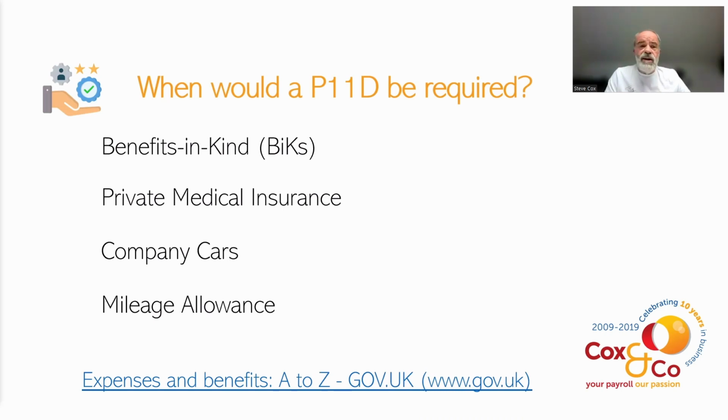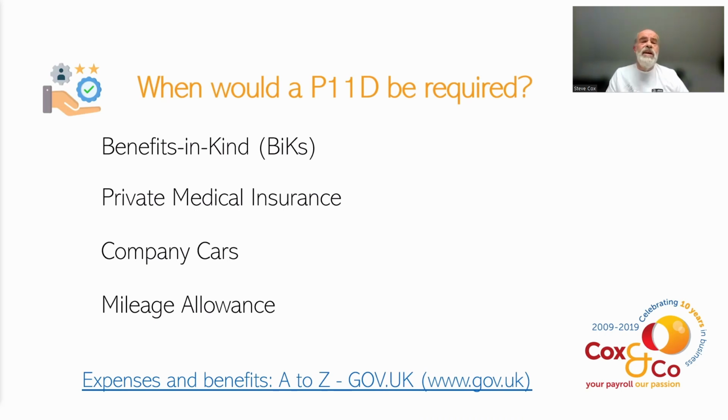Even during the pandemic, when cars were happily sat on people's driveways, unless they stuck the keys through the letterbox or returned the car to their place of work, it was deemed a benefit and it was taxed as such. So there was no easy route to avoid taxation of that benefit.